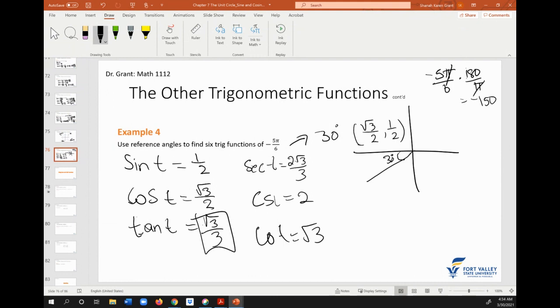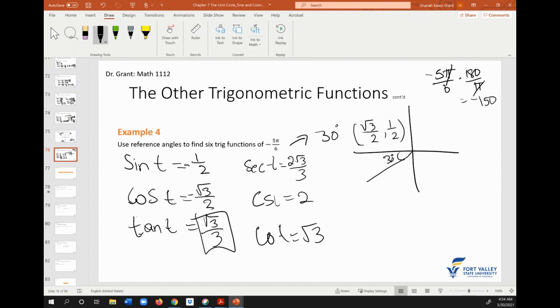The third quadrant, we have to think the fact that both of these signs are going to be negative. So sine of t is going to be negative 1/2.